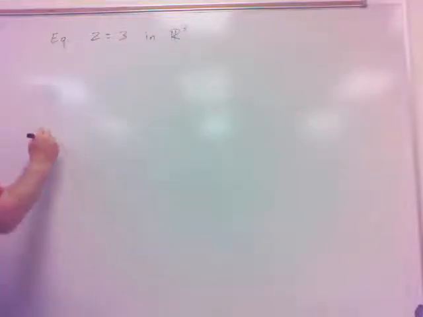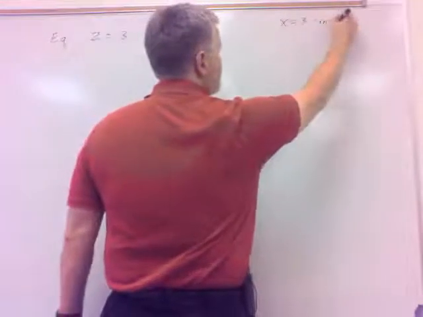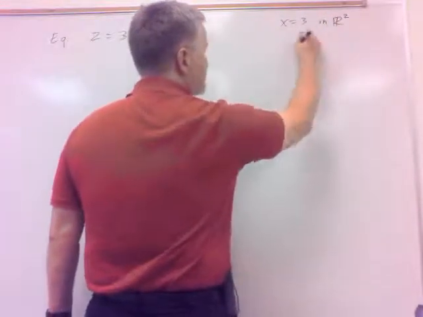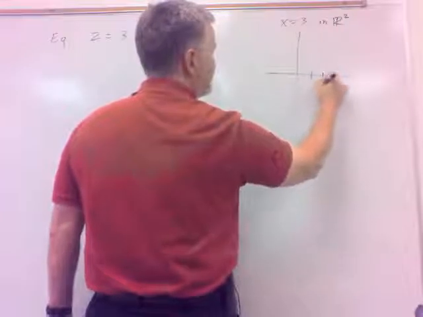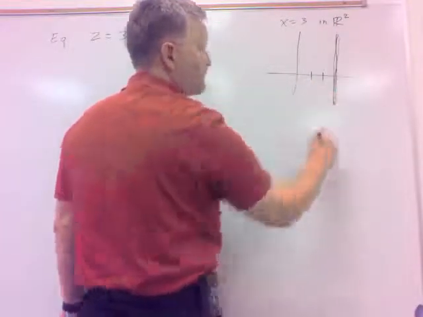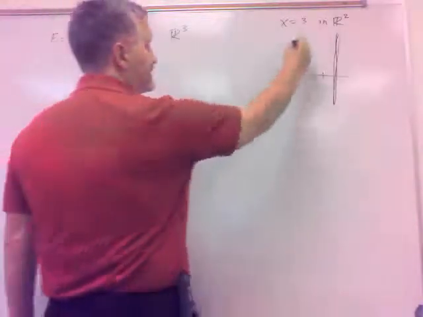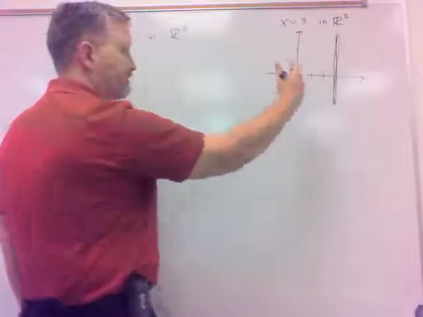So, just like in two dimensions, when we have x equals 3, that sets up a vertical line, right? Because x is always 3. That means for all those points, the y value is whatever you need it to be. So you get a vertical line.